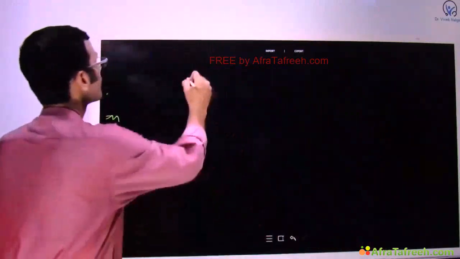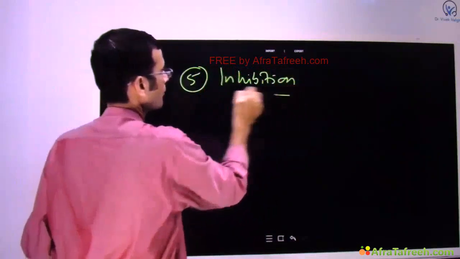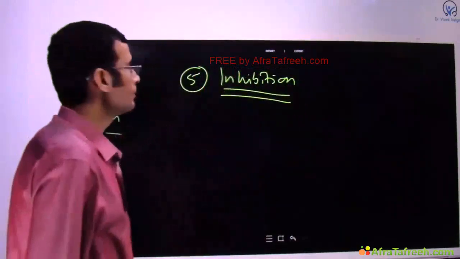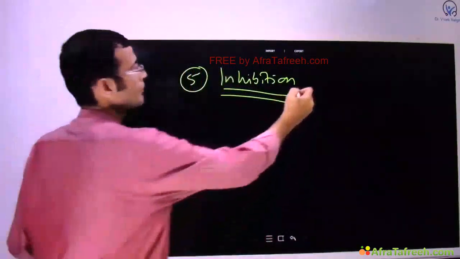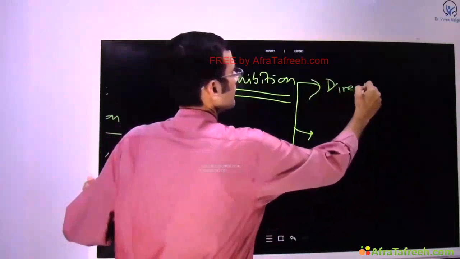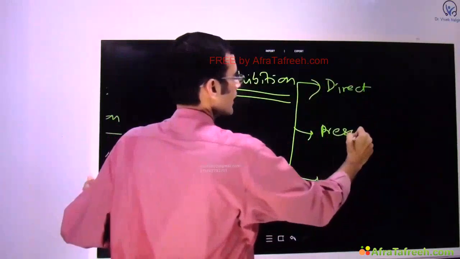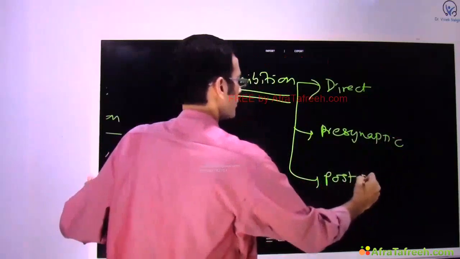Next property is inhibition. Now, there are 3 types of synaptic inhibition: direct inhibition, presynaptic inhibition, and postsynaptic inhibition.